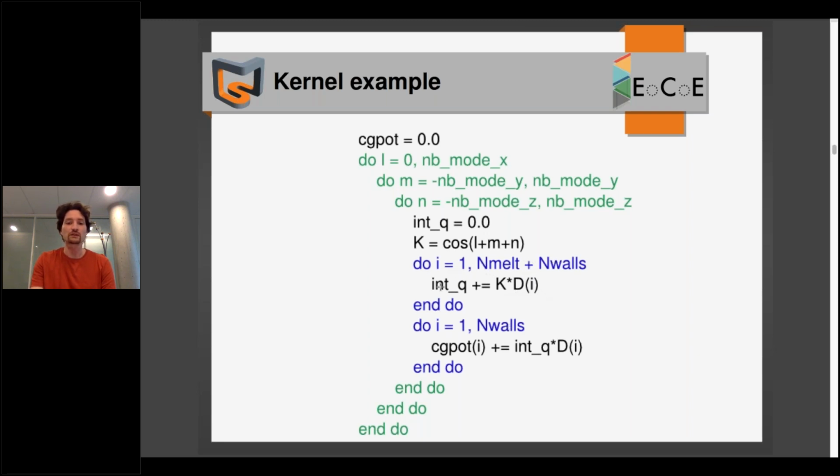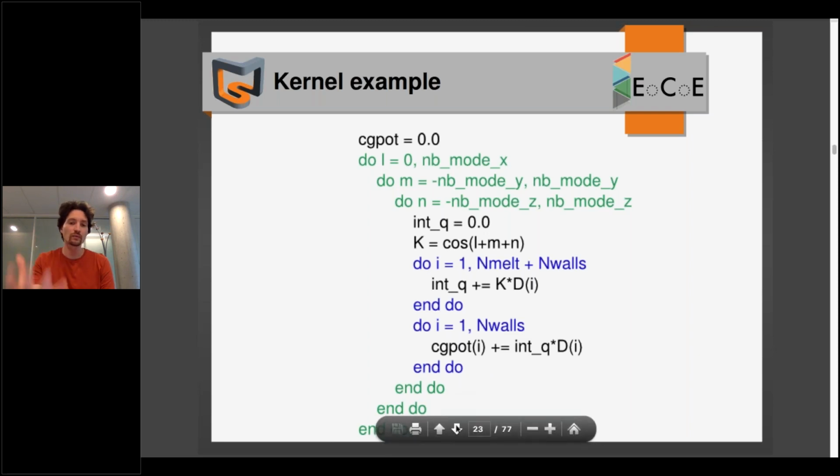You sum up this quantity, and then you have a second loop that uses this integral and multiplies it by a quantity that depends only on the atoms of the wall. This is aggregated into our solution. For each mode, you aggregate contributions of this kind.